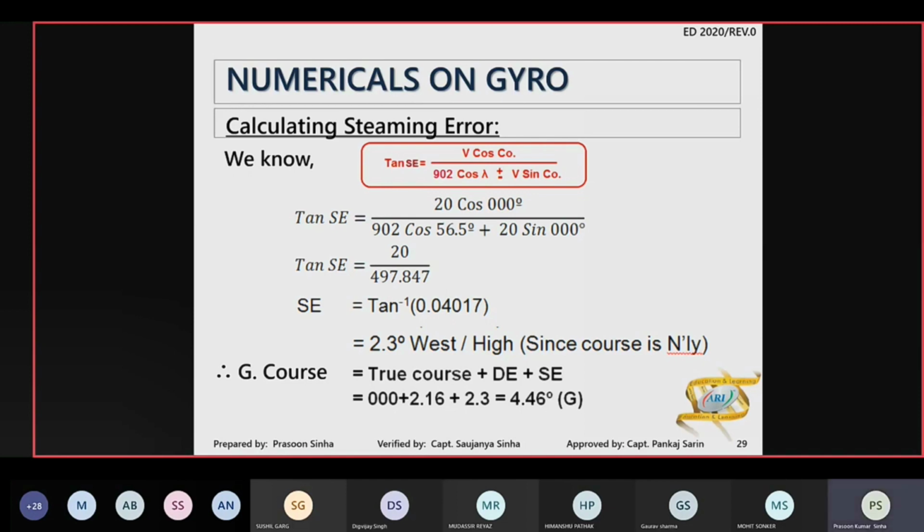For the next part, when the course is southerly, the ship is sailing from 53 south to 60 south. The MLAT will remain same.